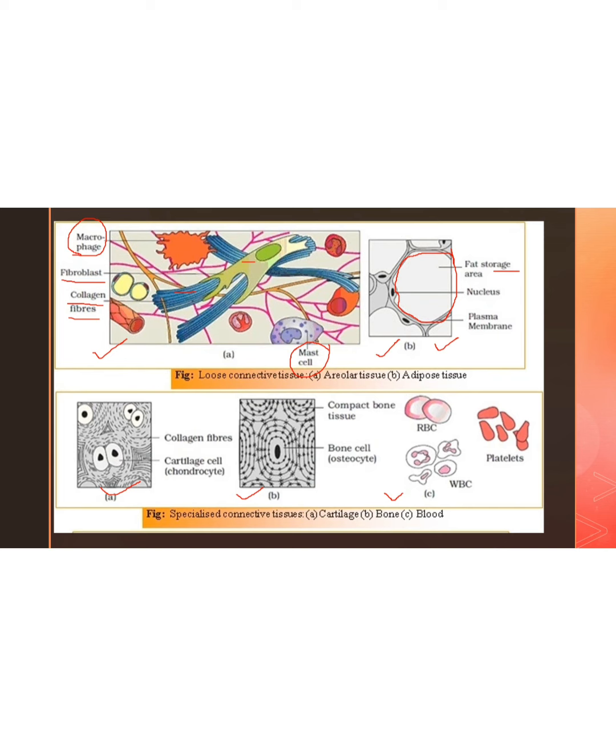Okay, here if you see, the first one is cartilage. This cartilage is made up of cartilage cells known as chondrocytes. So always remember, the cartilage has a hard matrix, and this hard matrix is made up of chondrocyte cells. These are nothing but cartilaginous cells, present in our nose, ear and backbone, and provide considerable strength.